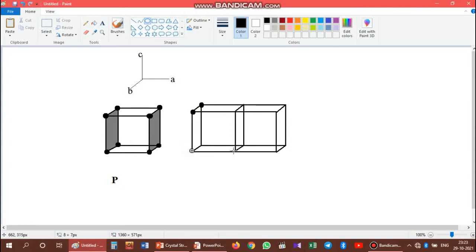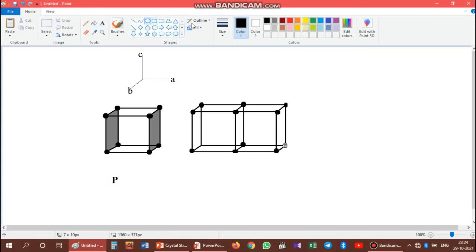Okay, 12 lattice points. So 12 lattice points on 2 consecutive cubes joined together.